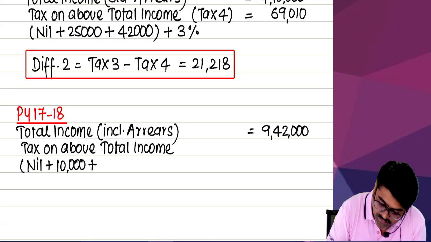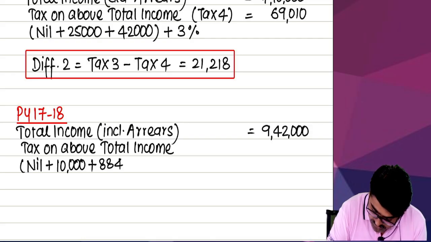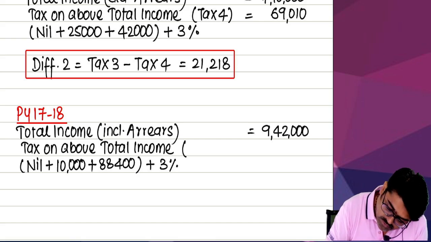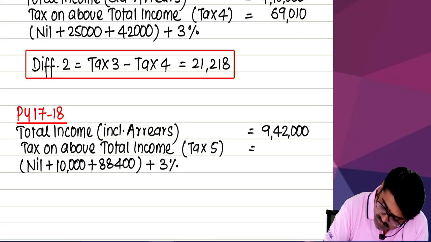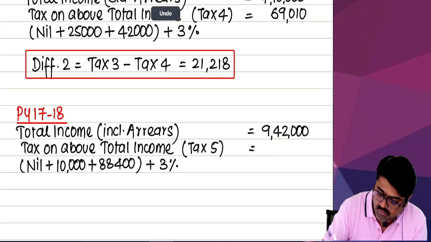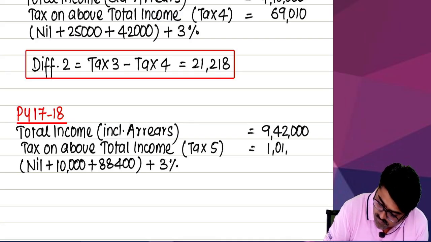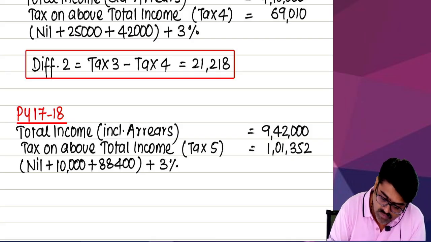On that 20%, 88,400. And please add 3%. So this will give me tax 5. How much? 1,352. Everyone got this?